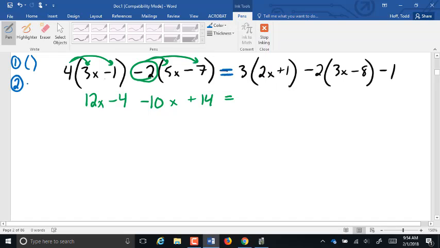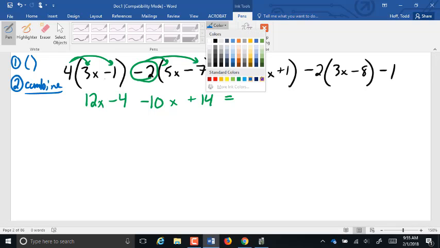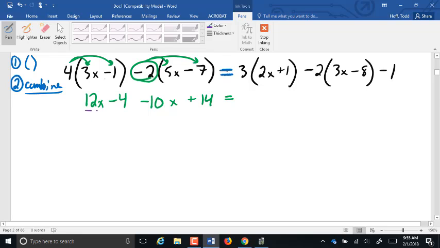The second thing we would do is we would combine or simplify everything we can on one side or the other. So on the left side here, I can combine 12x and negative 10x, which makes positive 2x. Negative 4 and positive 14 make 10. So that's all we can combine on the left side.